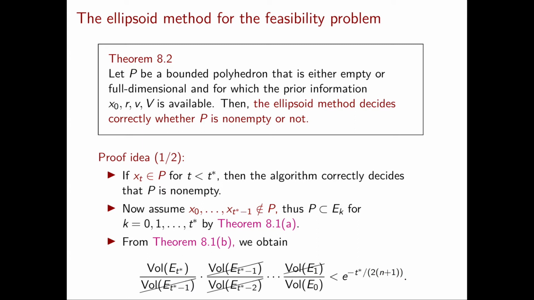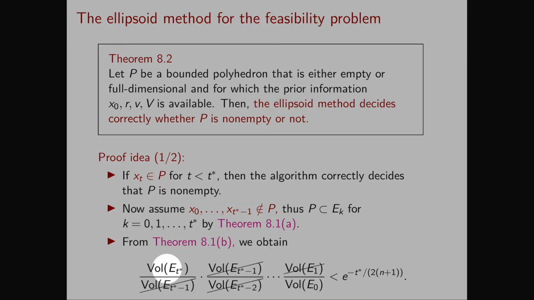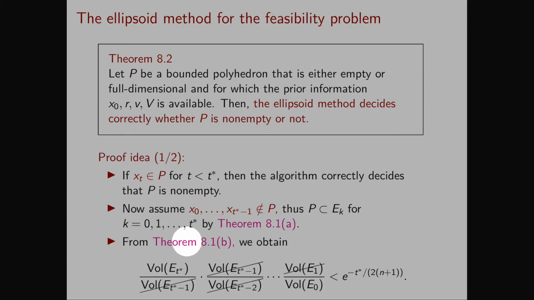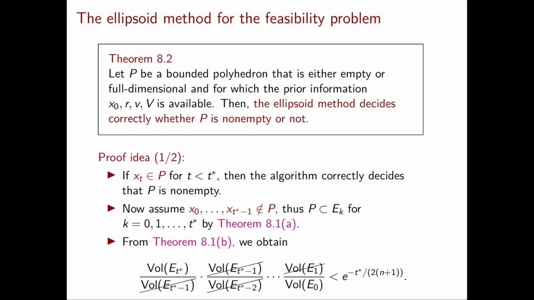Next, we wish to upper bound the ratio between the volume of the very last ellipsoid and the volume of the very first ellipsoid. We can compute this upper bound using recursively theorem 8.1. In fact, theorem 8.1 gives us an upper bound on the ratio of the volumes of two consecutive ellipsoids.